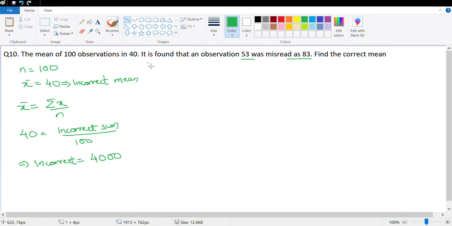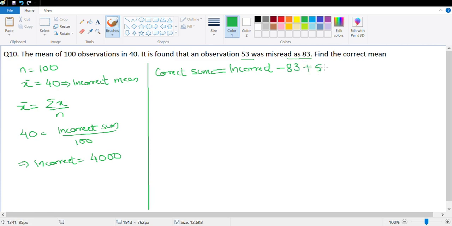Let's figure out what number was taken wrongly. So correct sum will be equal to incorrect sum minus the number which was taken incorrectly. In this case, it was taken incorrectly as 83, but we will have to add the correct number, which is 53. Yes, so from incorrect, we subtracted the incorrect number and added the correct number. So that's the correct sum, which means correct sum is equal to 4000 minus 83 plus 53.